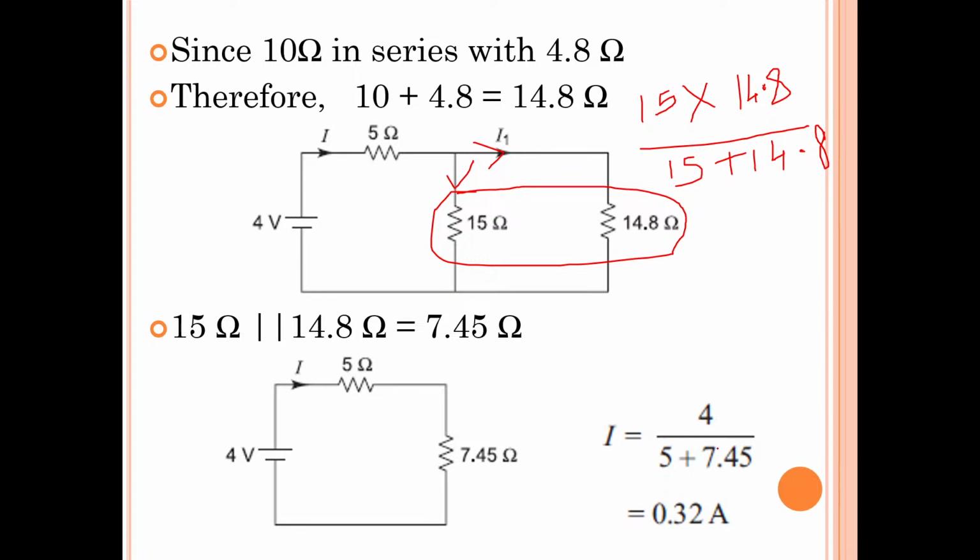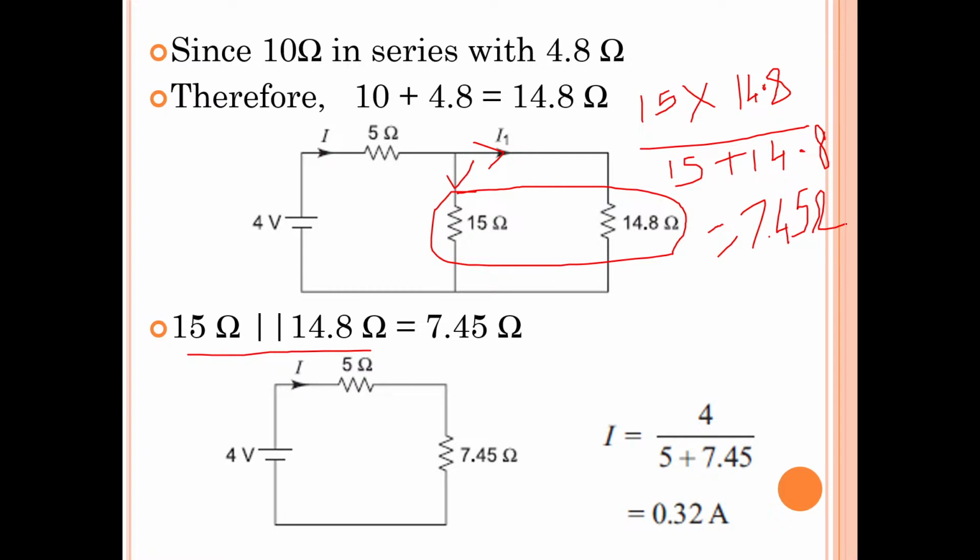So 15 and 14.8 are connected in parallel. You just solve it. You will get 7.45 ohms. You just check the answer. You should have the calculator during this class because I am solving numerical problems here.